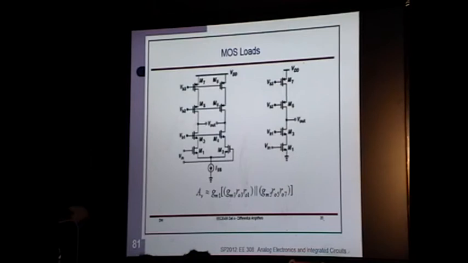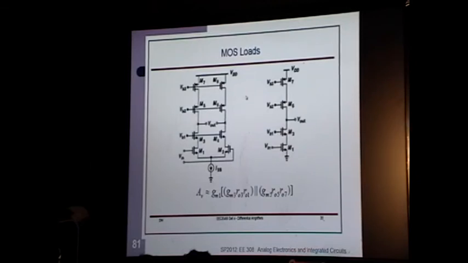Either way, there's some cost to using cascoding. You get a big gain increase because you've increased R out by a factor of R out, but in the process, you've taken more of your voltage supply budget.